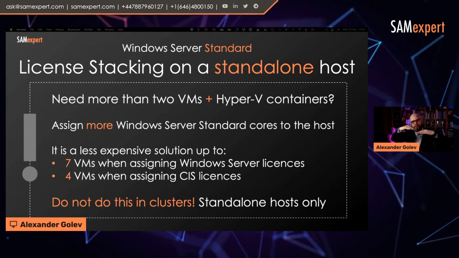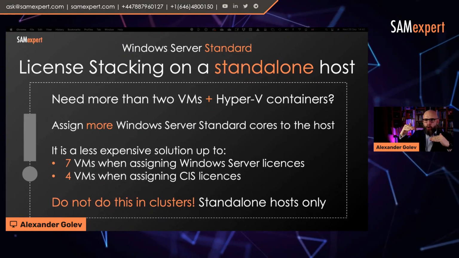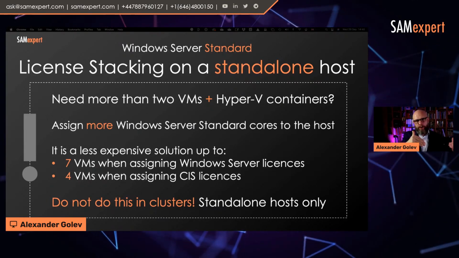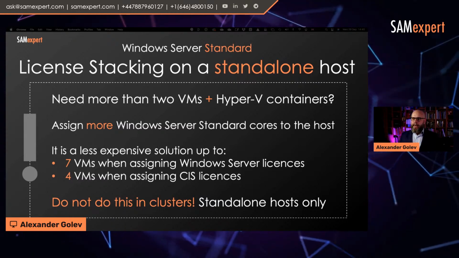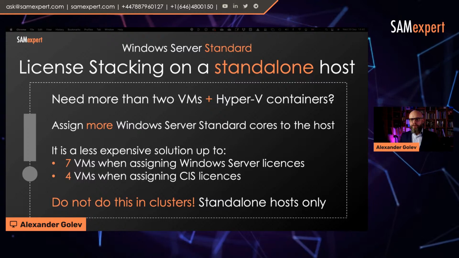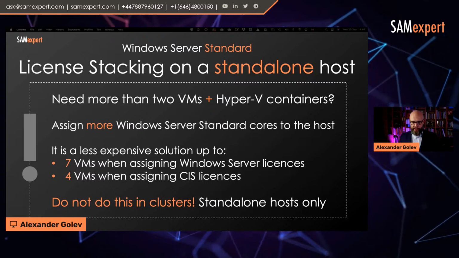The difference between Core Infrastructure Suite Standard and Datacenter is not as it is for Windows Server licenses. I say on this slide, do not do this in clusters. Only do this on standalone hosts.